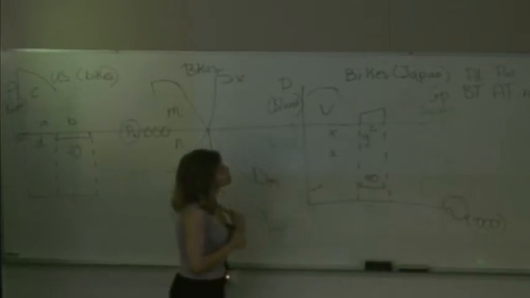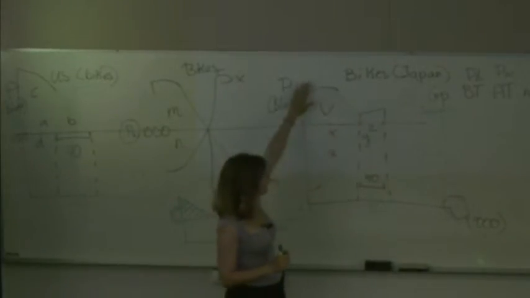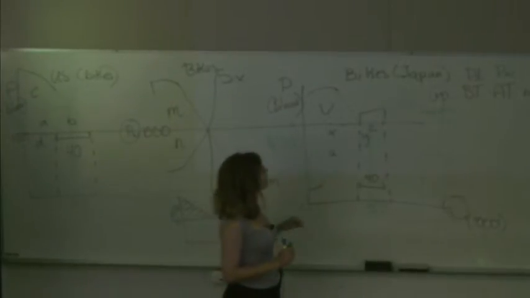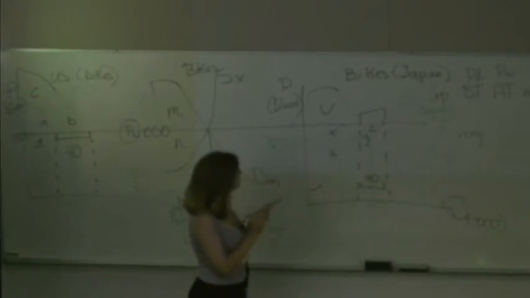So starting with Japan, before trade, at the domestic price of $700, what is their consumer surplus? Here's the demand curve, here's the current domestic price. So their surplus would be the area of this triangle. You might be able to see that it's V plus X plus Y. What about the producers?